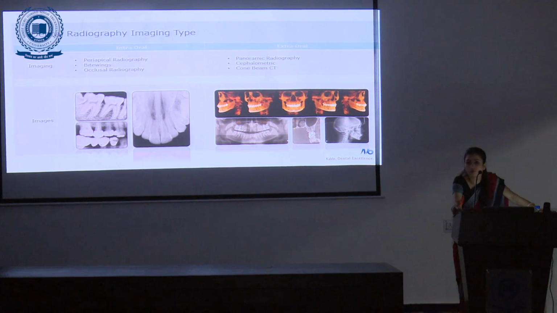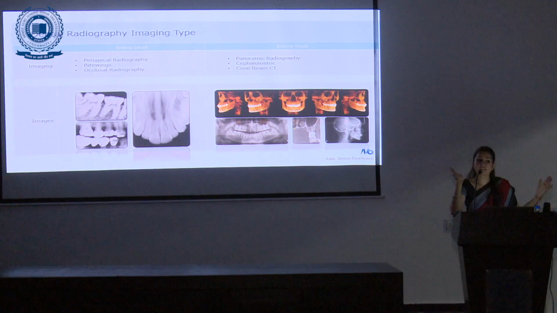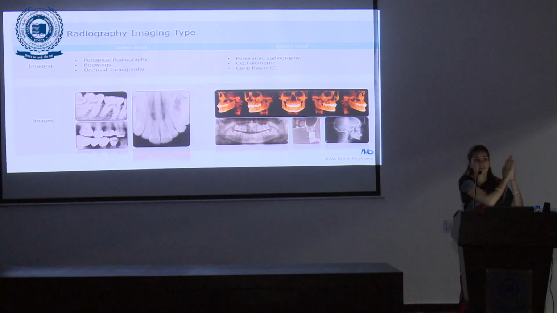In pan, you all know, the X-ray and the detector are both outside the mouth. The system rotates almost 180 degrees around the patient to capture the area between the two TM joints. Cephalometric, again, is a single shot image. X-rays come and puff, you have one image of the lateral ceph, either right side, left side, or maybe AP or PA, whatever view you like.